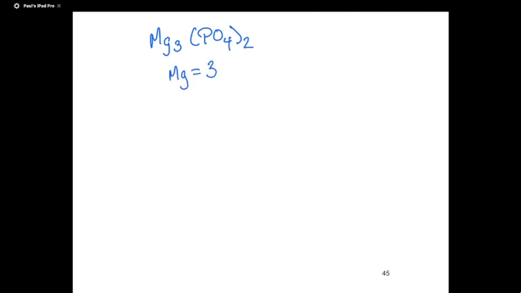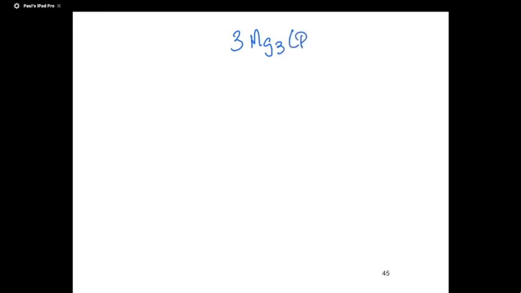I have 3 of them. I have phosphates, and because that parenthesis is there, the 2 applies to both of them. So I have 2 phosphates. And then in terms of the oxygen, I would have how many? 8. So that's straightforward. Okay, 3 magnesiums, and a phosphate, and 2 of them.